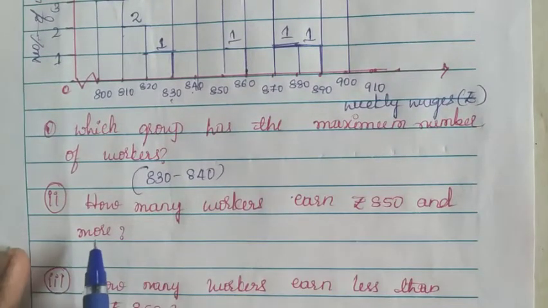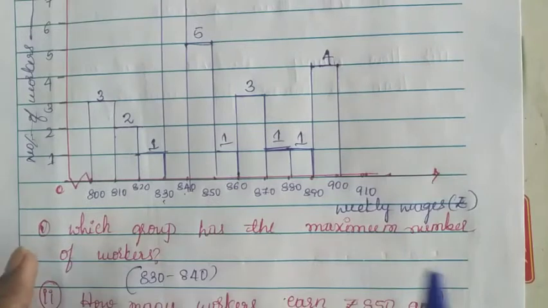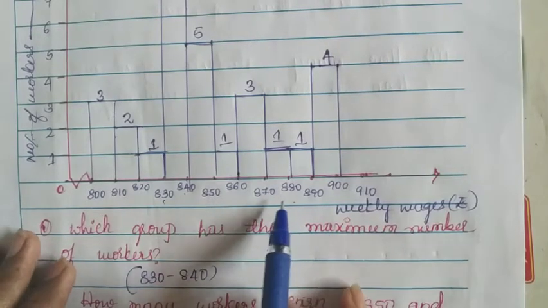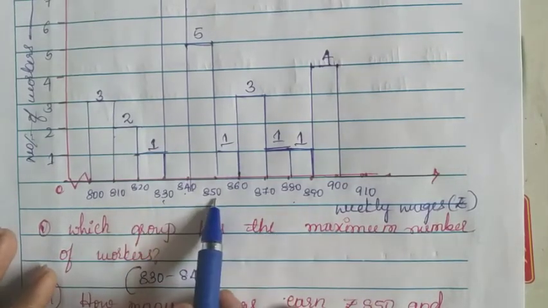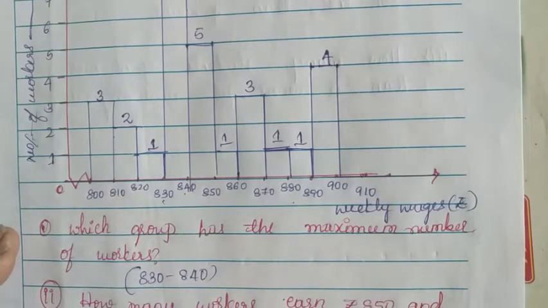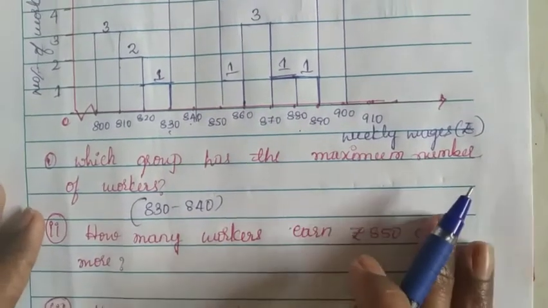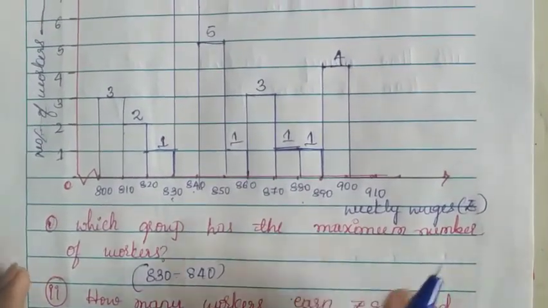Next, second one: how many workers earn 850 and more? Yes, now let us see the x-axis from 850 to 900. Here what is asked is how many workers earn 850 and more.